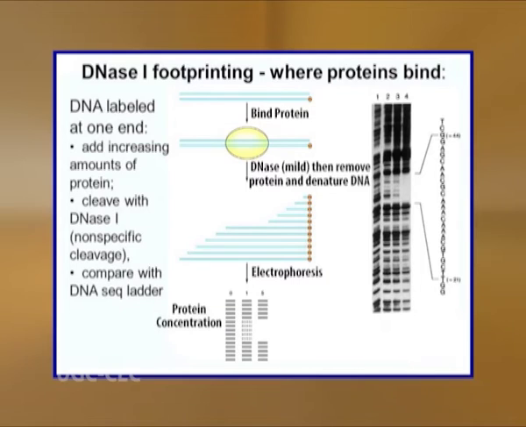Performing a partial cleavage without protein produces labeled DNA fragments that cover the entire size range of the original DNA. In the presence of a binding protein, however, protection occurs in a particular region and labeled DNA fragments of the respective length are not produced, while all longer or shorter ones are still present.